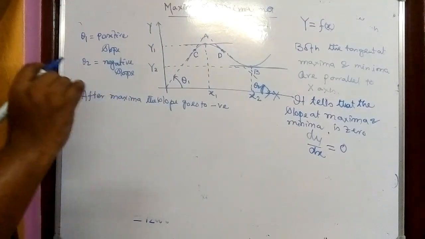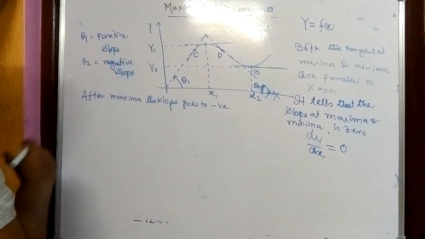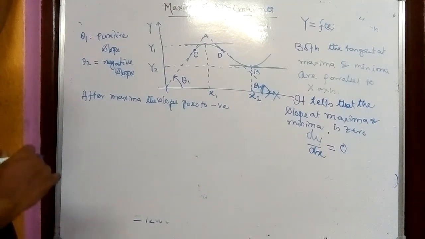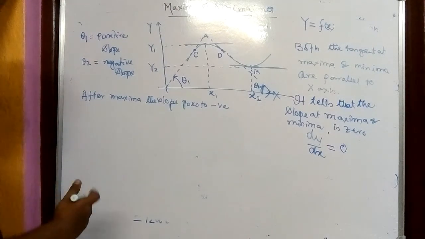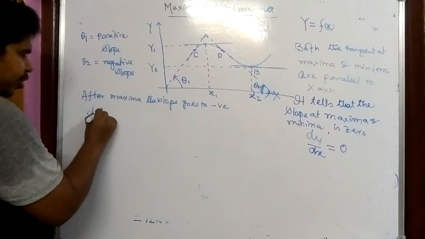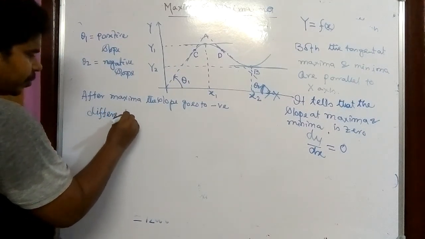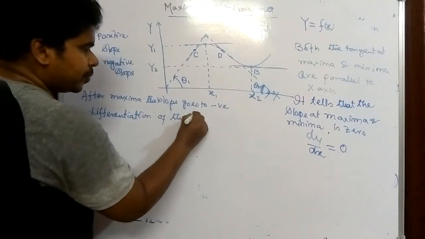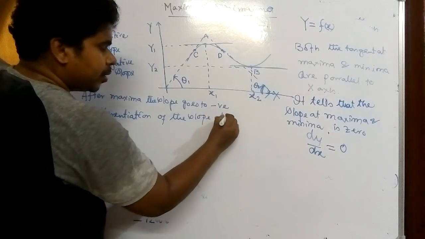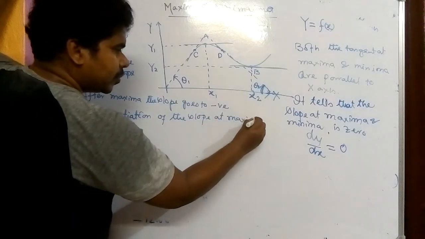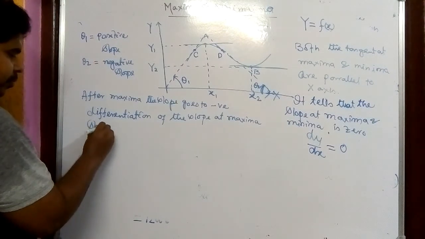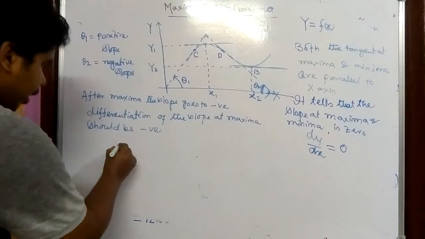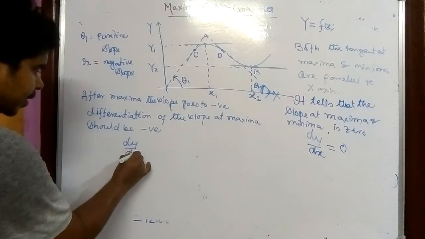Now the very interesting part, and please pay attention here. Assume I differentiate again. The differentiation of the slope at maxima should be negative. That means the slope is dy by dx.